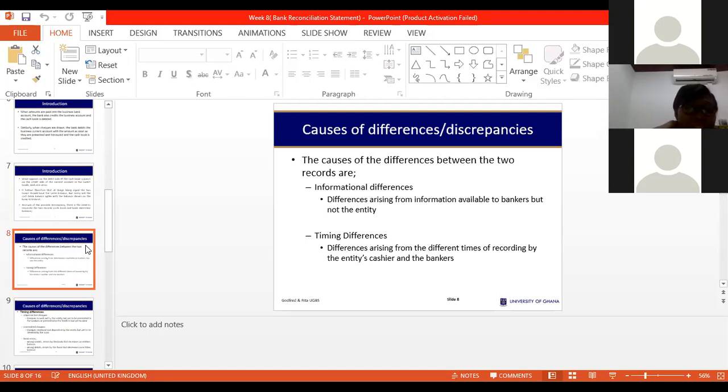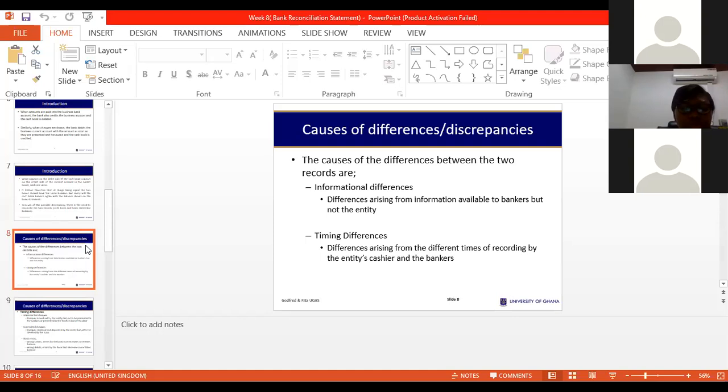So as a business entity, we are not aware until we go and pick our bank statement, or until the bank gives us their statement, then we become aware. It is only when we become aware that we can enter those transactions in our cash book. So those are referred to as informational issues.